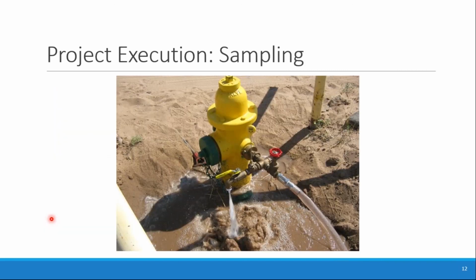We did do some sampling initially, and this is a picture of a hydrant sampler that the Technical Support Center developed.